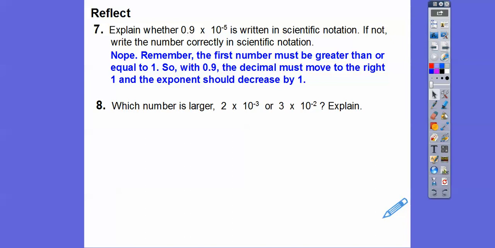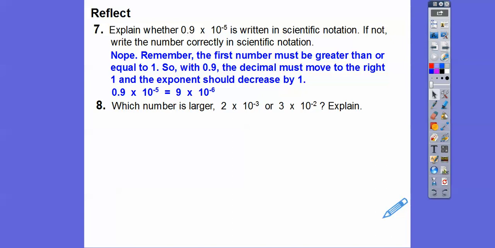So with 0.9, the decimal must move to the right to make it 9.0, and the exponent is going to decrease by 1. Now careful, it's negatives, you guys. When I decrease this exponent by 1, negative 5 minus 1 takes me to negative 6. So it becomes 9.0, or 9 times 10 to the negative 6.